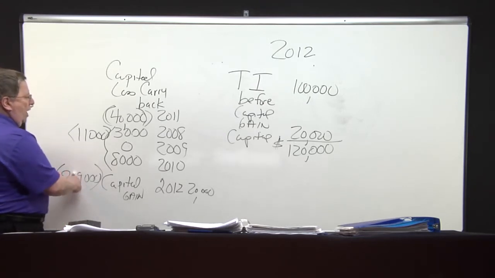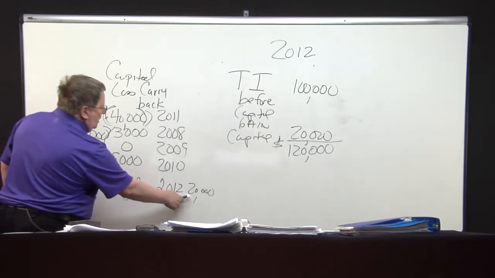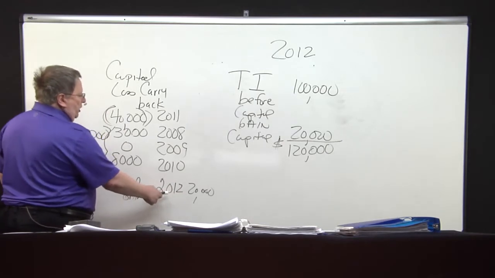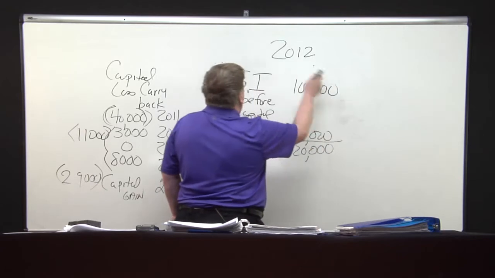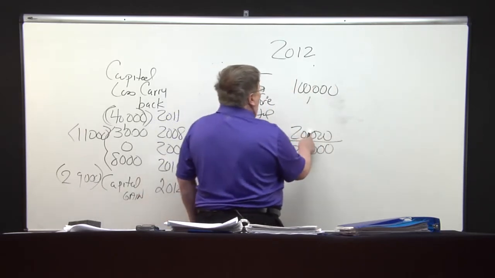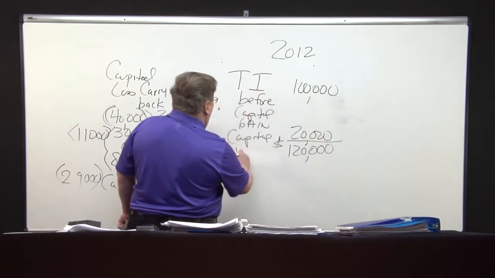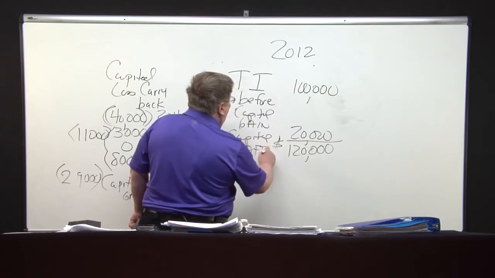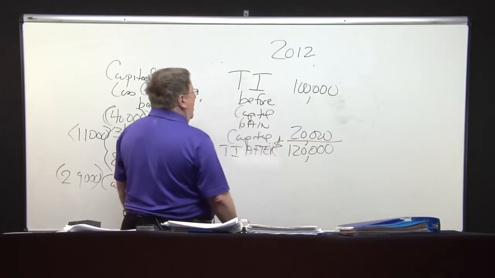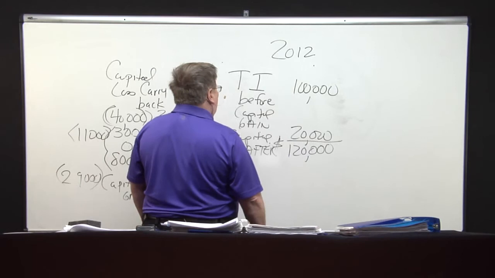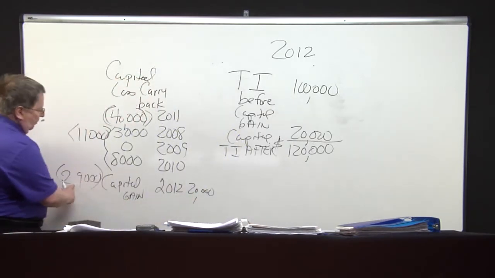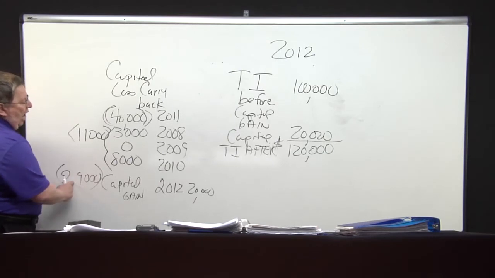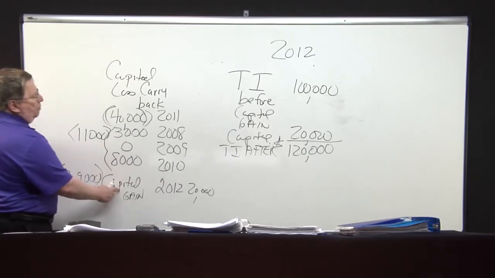All right, now what we're going to do is this. All right, we have a capital gain of $20,000 on our 2012 return. We started off with taxable income before the capital gain, and now, all right, we add the capital gain. So we have taxable income after the capital gain, but before the net operating loss carry forward. Now remember, whatever net operating loss you have to carry forward, you can only carry it forward up to the capital gain.